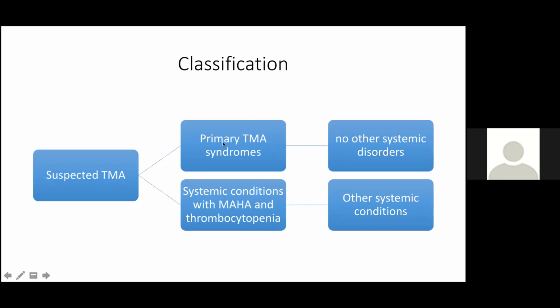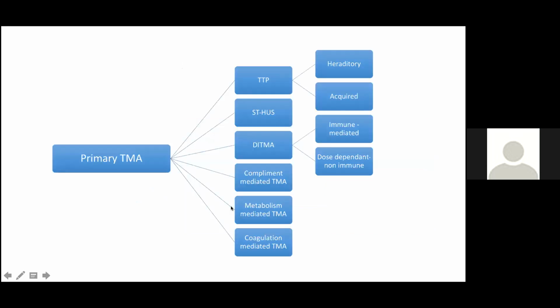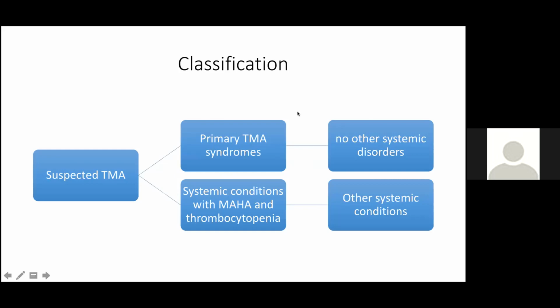So you have two main categories: primary thrombotic microangiopathy syndromes and systemic conditions with microangiopathic hemolytic anemia and thrombocytopenia. When you have a patient, all we have to do is differentiate these two categories.